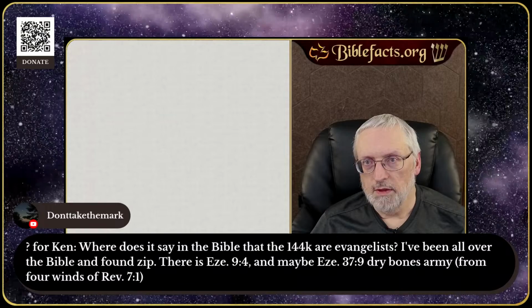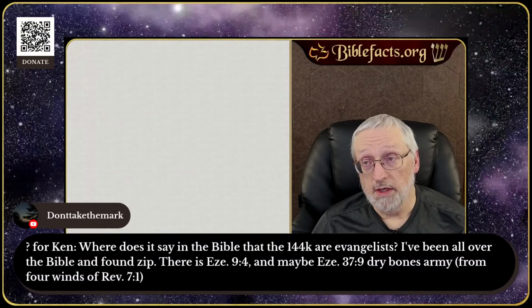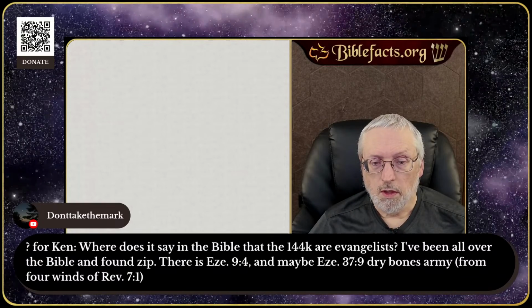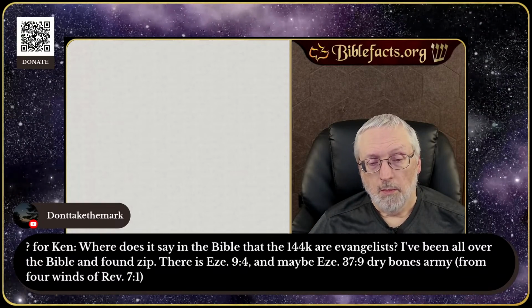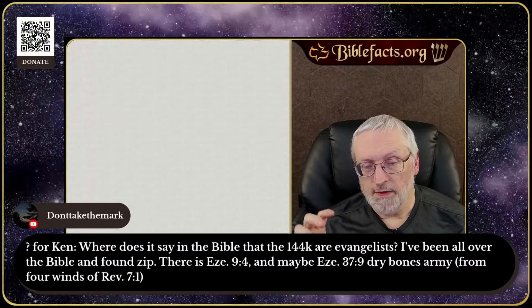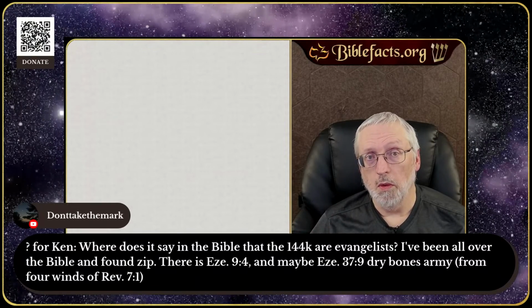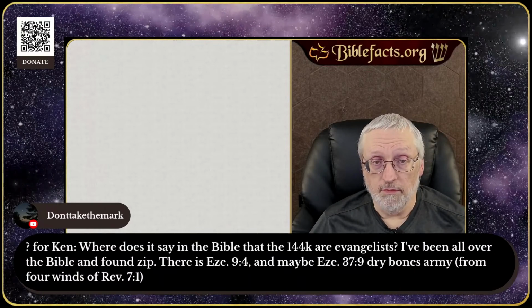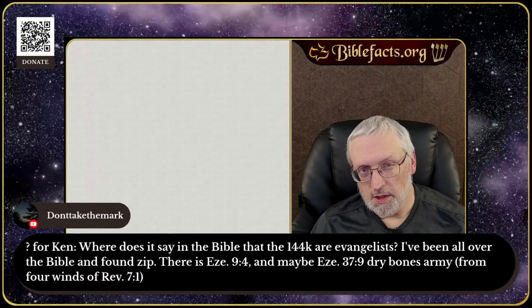So in a sense, anybody in that situation, even not the 144,000, are going to be doing evangelistic work. So it's kind of a given, but it doesn't say anything specific that that's their main goal is evangelism, or their main goal is something other than evangelism. We just have some of those little pieces.